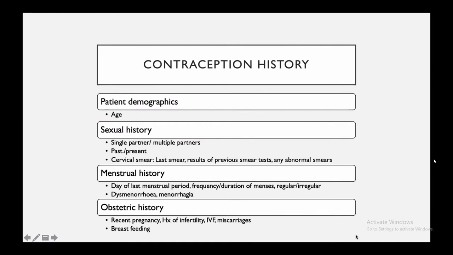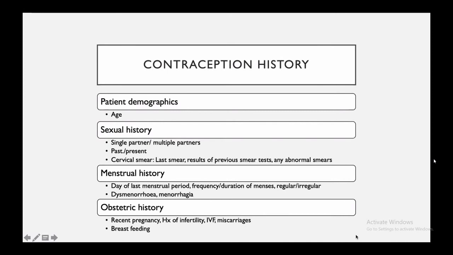And when coming to an obstetric history, you want to ask about recent pregnancy, history of any infertility, any IVF or previous miscarriages, and breastfeeding. Again, I will highlight later why the importance of asking these questions when deciding to individualize contraception for a patient.